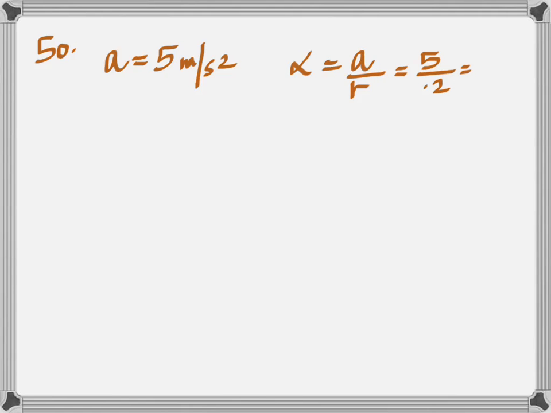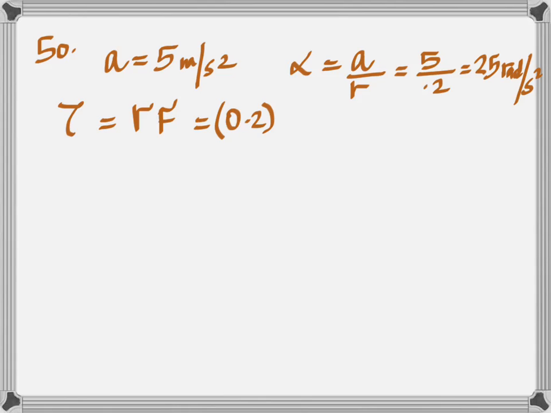So first find the angular acceleration. Then, what's the formula for torque? Torque is I alpha, or r cross F, r F sine theta. In this case, theta is 90. Torque has several formulas. This is one of them: radius multiplied by the force. Force is mg, isn't it?